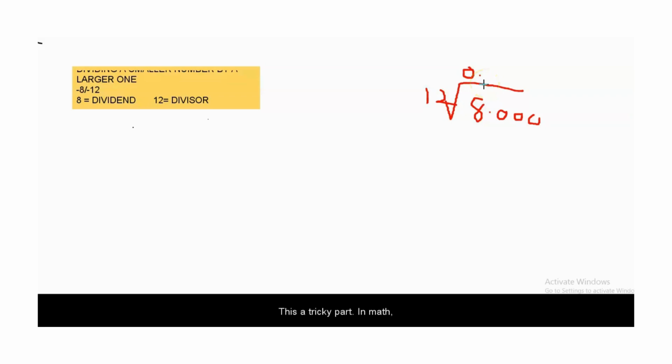This is a tricky part. In maths, there is a popular saying that whatever you do to the left hand side, you must do to the right hand side. It's a popular slogan in maths. LHS is equal to RHS. LHS stands for left hand side. RHS stands for right hand side. Whatever you do to the left hand side, you do to the right hand side.